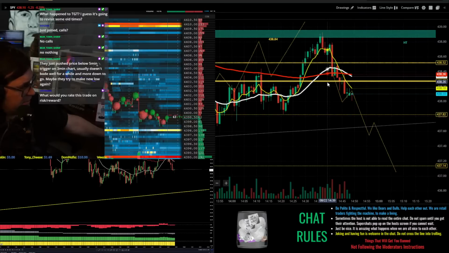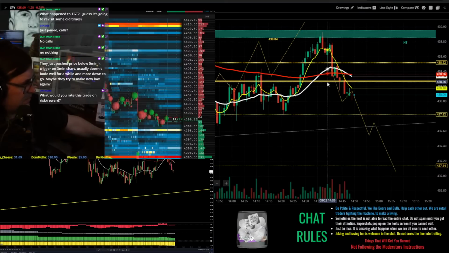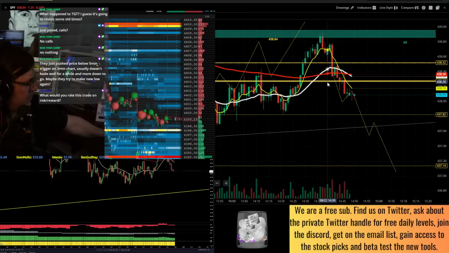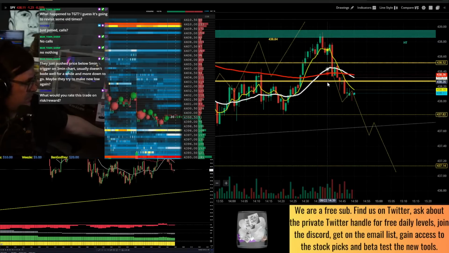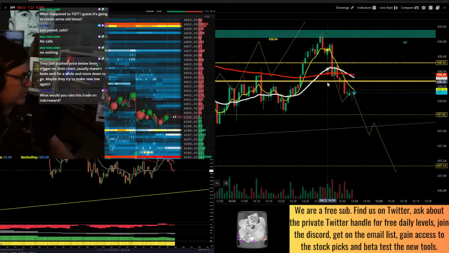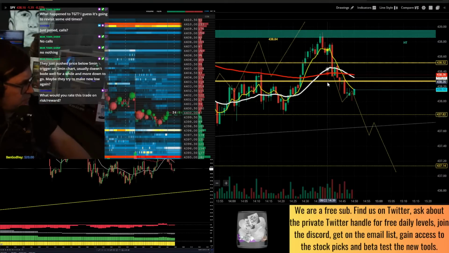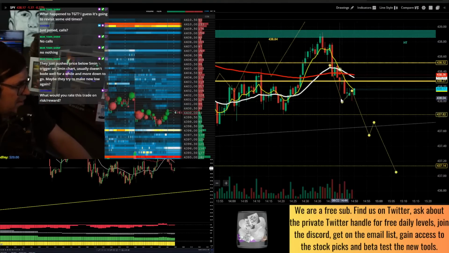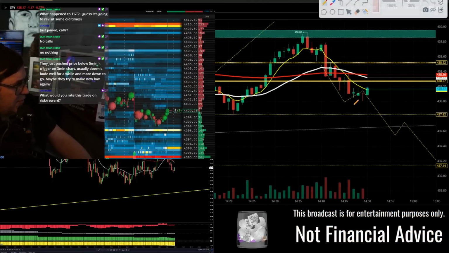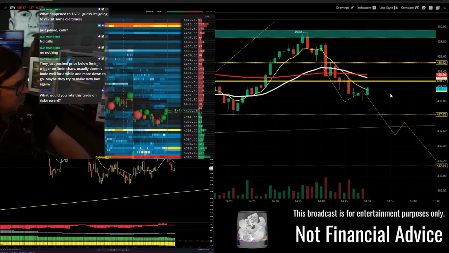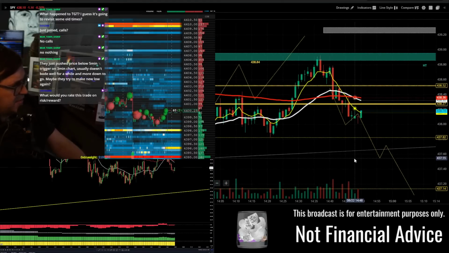The 500,000 440 Cs are now only worth 5 cents. 4 cents just a moment ago. Down a penny right now. Man, this candle right here reminded me of trying to stop me out more than anything. I'm not taking this as bearish as it would seem. What if they're trying to trigger my stops on that trade?